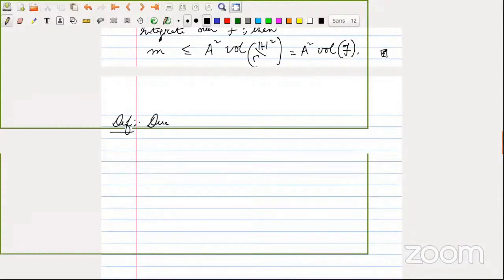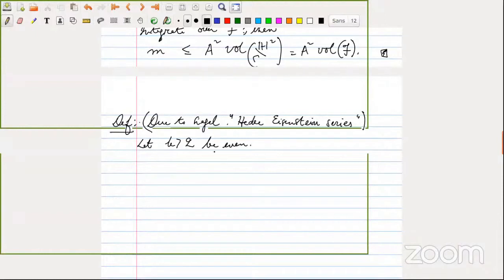So he referred to this as the Hecke Eisenstein series. It's slightly different from the one that we have written, but this also turns out to be an automorphic form. Again, here I start with k bigger than 2, even.